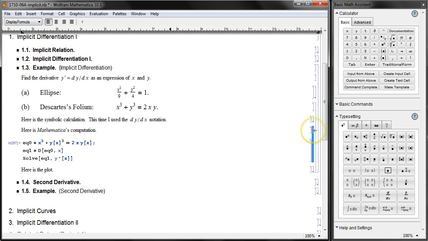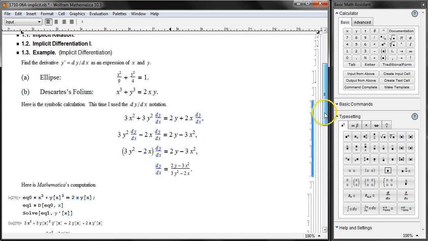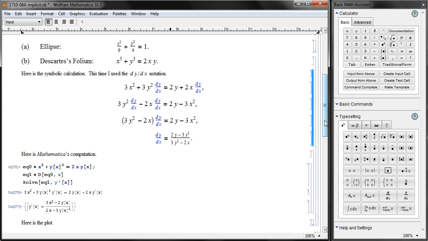Here is the mathematical verification. Oh, let me get that solution, the symbolic solution again. We have 2y minus 3x squared over 3y squared minus 2x. Here what do we have? 3x squared minus 2y over 2x minus 3y squared. Are they the same? Yes, they are.